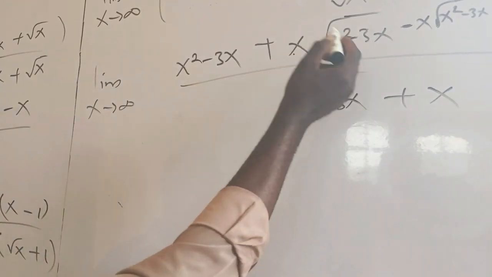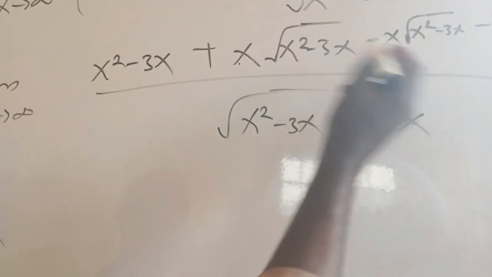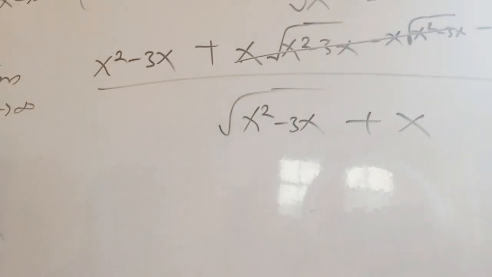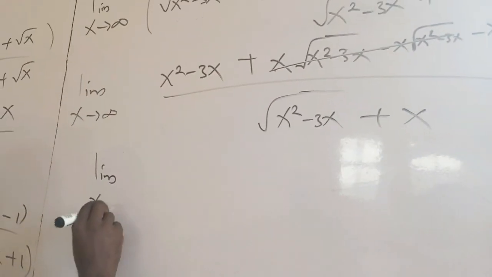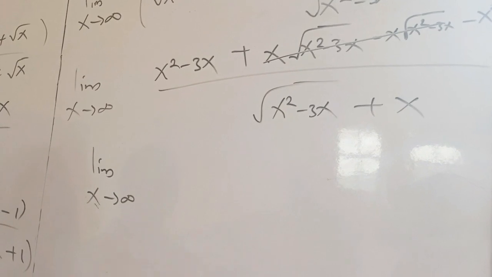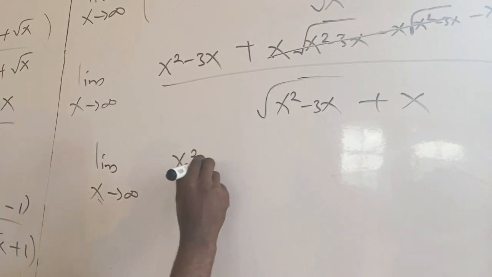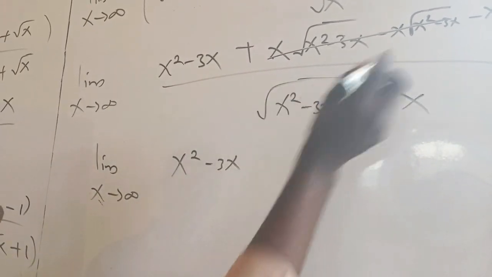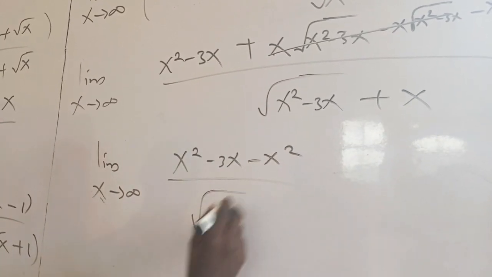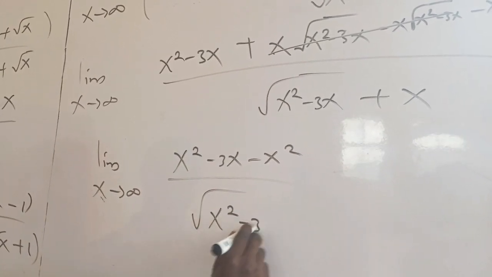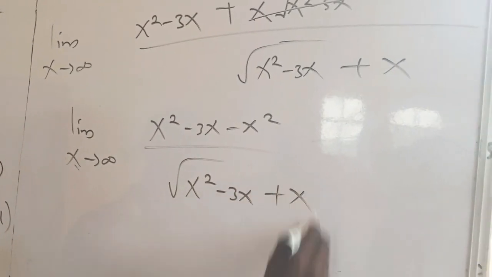So x root of x squared minus 3x minus this should give us 0. So we are left with the limit as x approaches infinity of x squared minus 3x minus x squared, all over root of x squared minus 3x plus x.